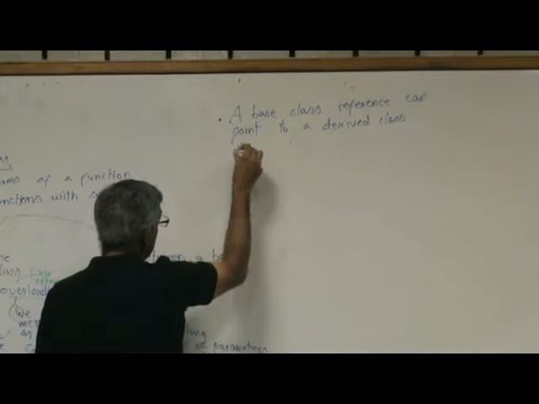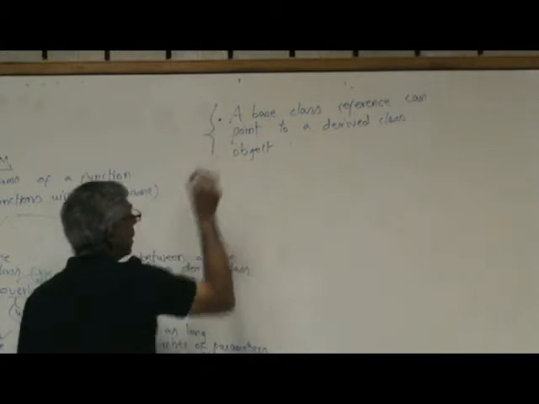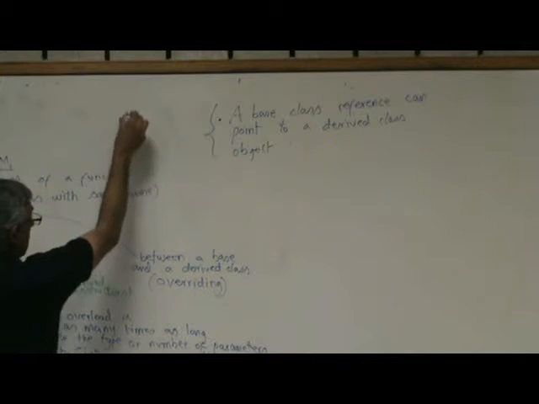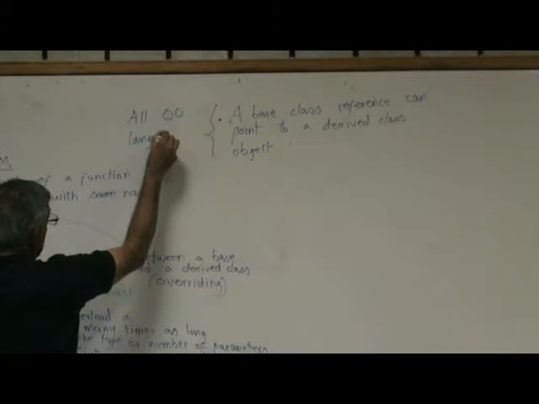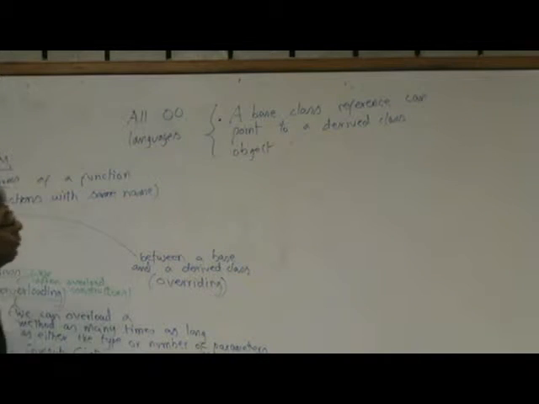So this is true not just in C#, but in all object-oriented programming languages. So all OO languages allow this concept, okay? Without this concept, we won't be able to create sophisticated programs where we have many classes and some relationships between those classes, right?